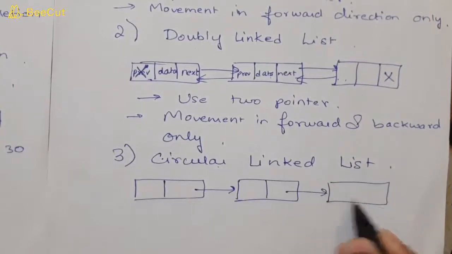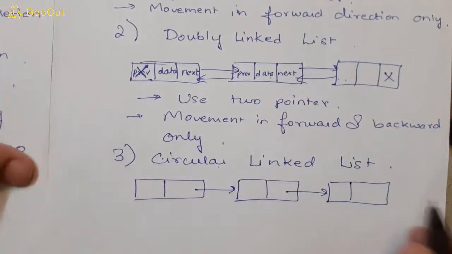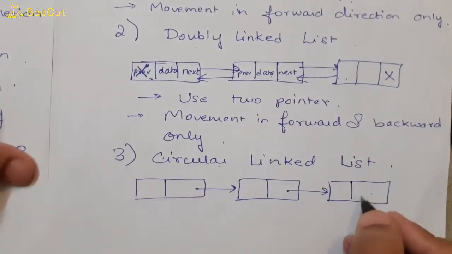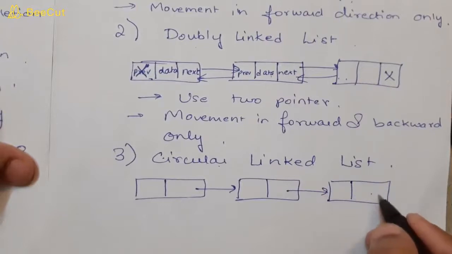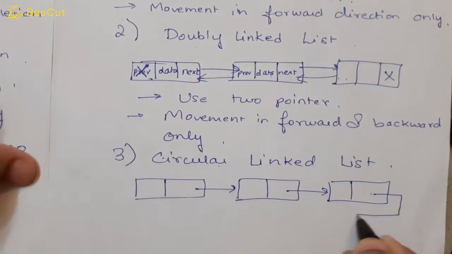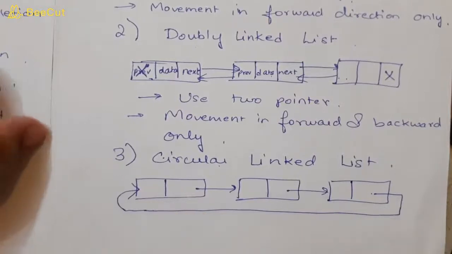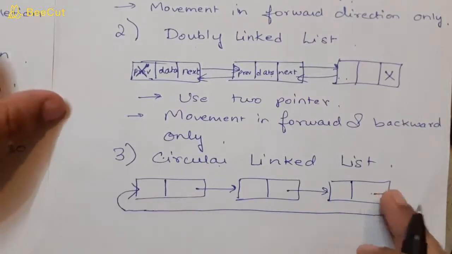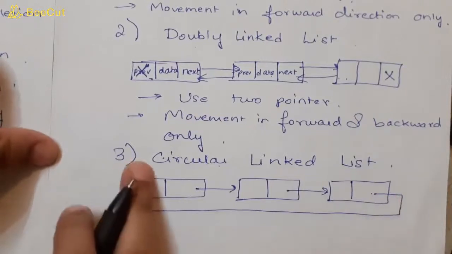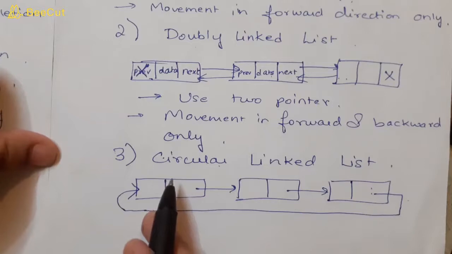The only difference between this one and a single linked list is that in the single linked list, the last node contains a null value in its next field, but here, suppose there are only 3 nodes in the list, the last node is going to contain the address of the first node in the next field. In the next field of the last node, the address of the first node will be stored. So here you can traverse in the forward direction, but after the last node you can access the first one. So that is the only difference.